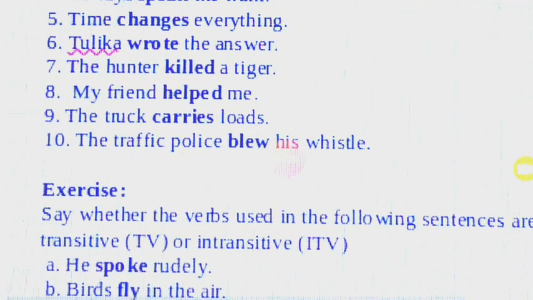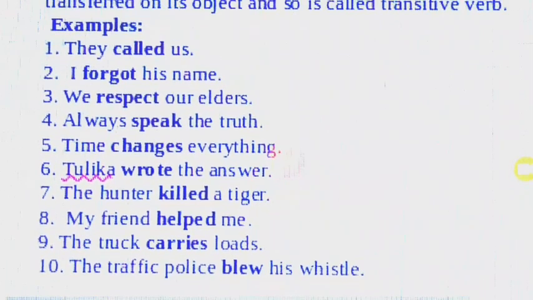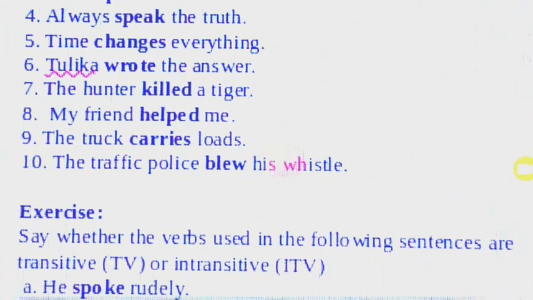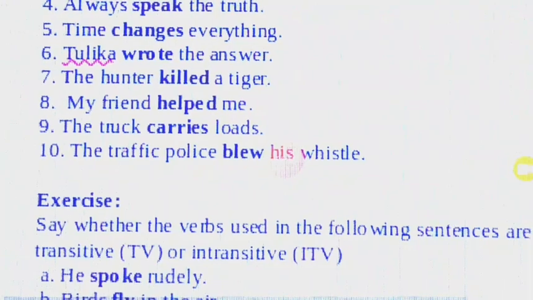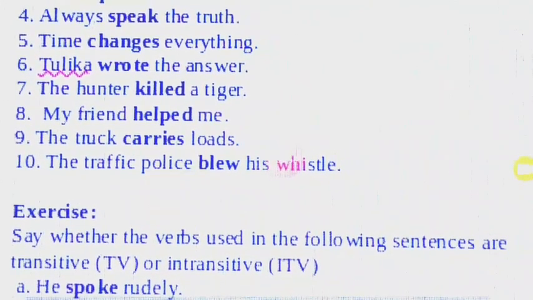So I hope you have a clear understanding about this topic. You have understood the definition, and you have learned how to use these transitive verbs in your own sentences.